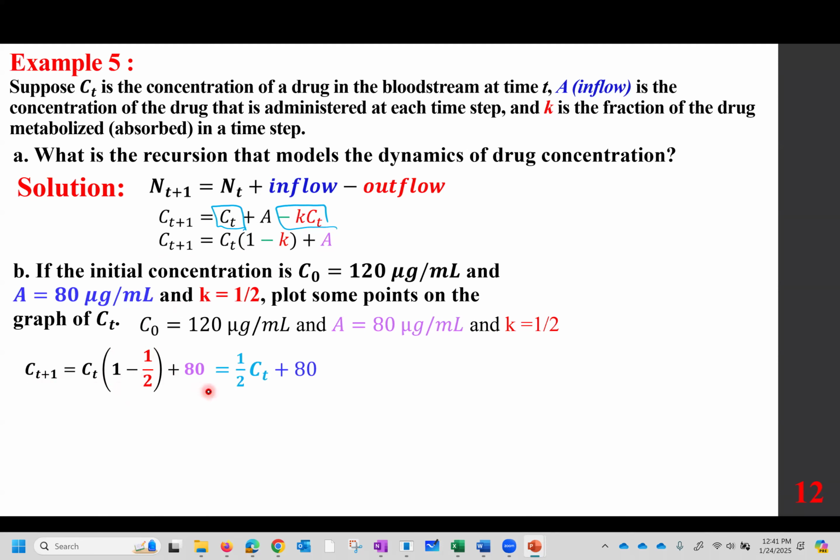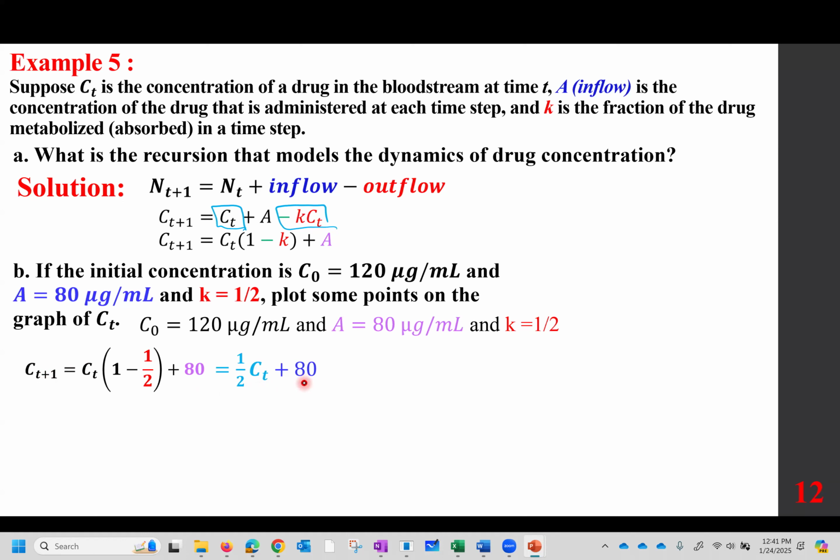So what this means is that if you're interested in finding how much medication drug is in the patient's body at any given point, it's half of the previous one plus 80. The moment that you give the new inflow, if you will, the 80 micrograms per milliliter, half of the previous one plus 80.